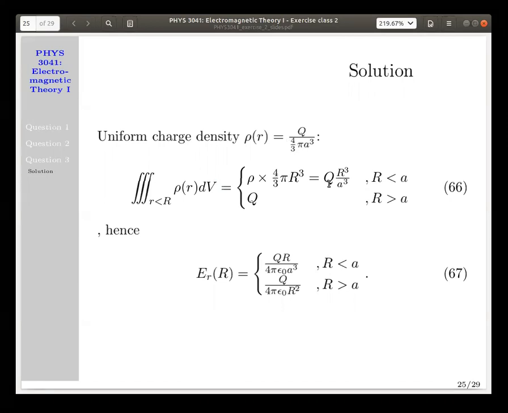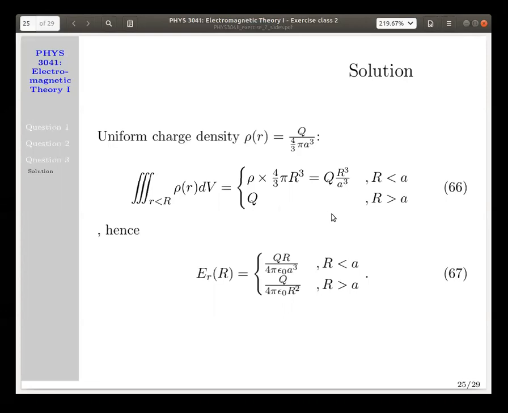Then we get the charge contained in the Gaussian surface inside the sphere to be equal to Q times r cubed over a cubed. When it is outside the sphere, it's simply Q, which is the total charge.